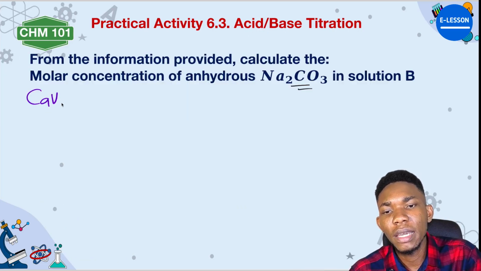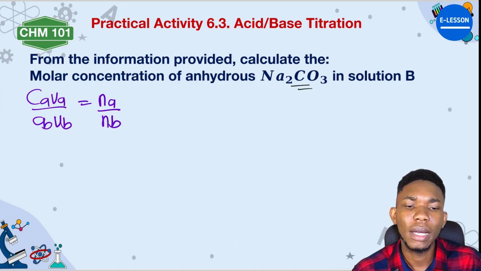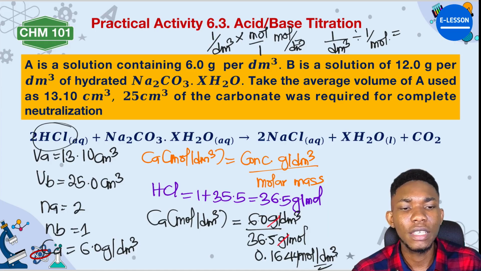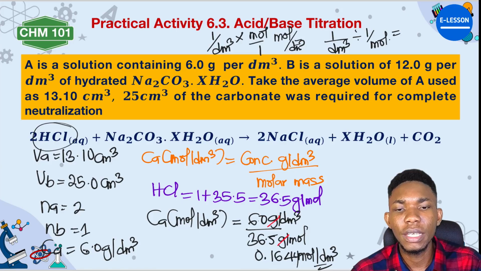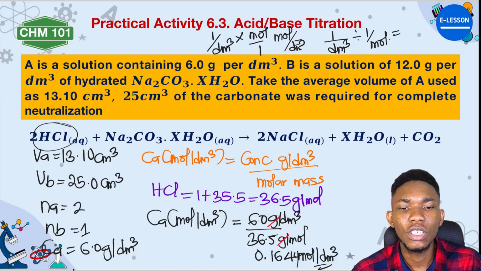You use the formula CAVA all over CBVB is equal to NA over NB. Is that all right, my dear students? In this case, our CA is what we just calculated, 0.1644. So we can say 0.1644 times VA. The volume of the acid given is 13.10. So you say 13.10, all divided by CB, the concentration of the base.